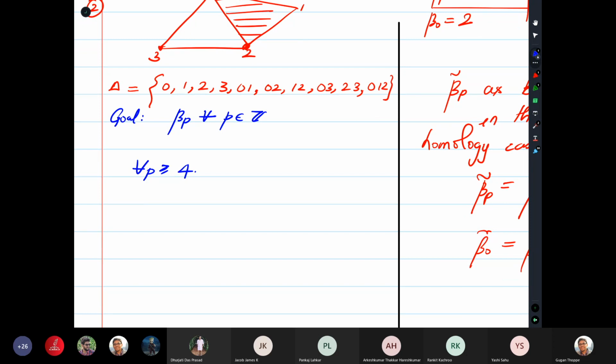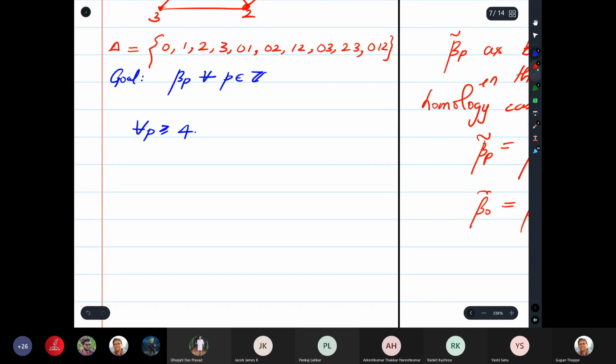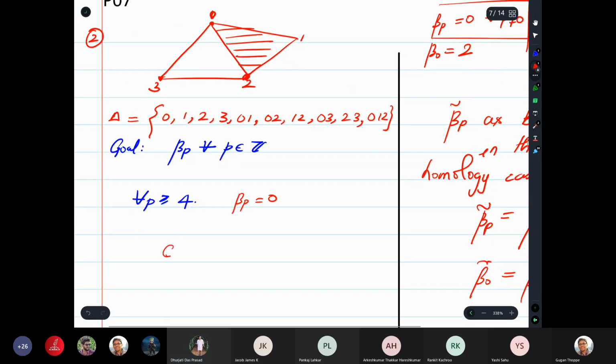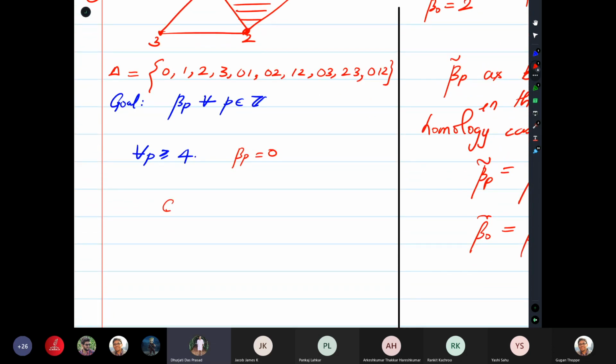Yes, Durjati, go ahead. What do you think should happen for p bigger than or equal to 4? Beta p must be 0. Can you quickly justify why beta p must be 0? Because the maximum dimension is 2, I think. Yes, the maximum dimension is 2. So C3 is 0, and C4, C5 are all 0.